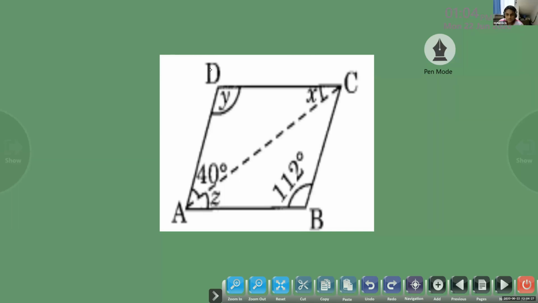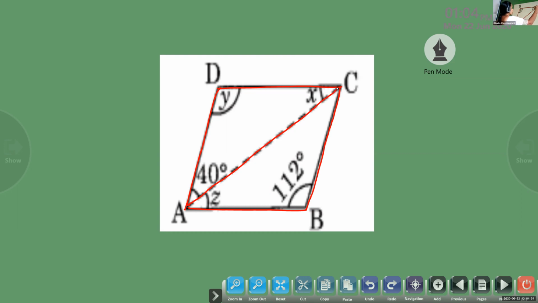Parallelogram ABCD. Draw it, all of you. And one diagonal is drawn, diagonal AC.